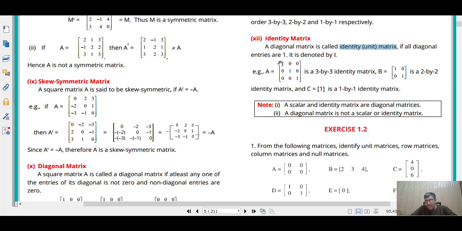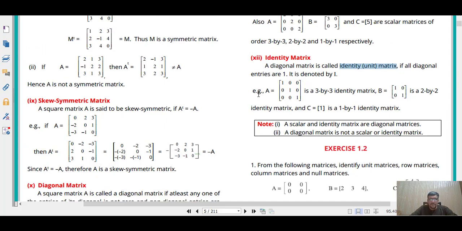If all the diagonal entries are 1, it is known as an identity unit matrix, or you can say identity matrix. It can be 3 by 3, it can be 2 by 2, but remember that a diagonal matrix will always be a square matrix, having an equal number of rows and columns.